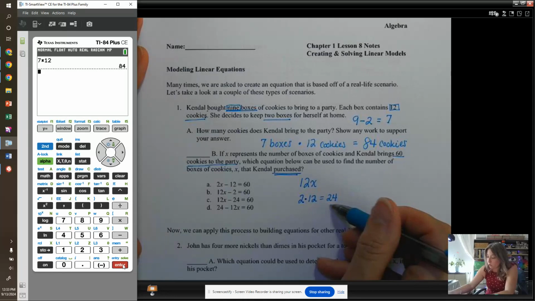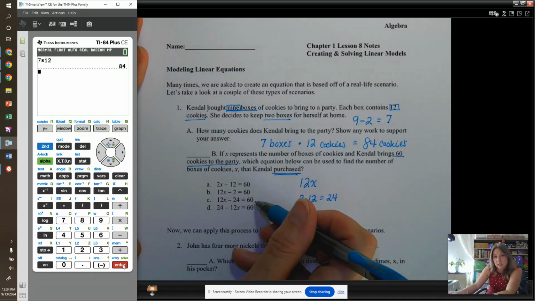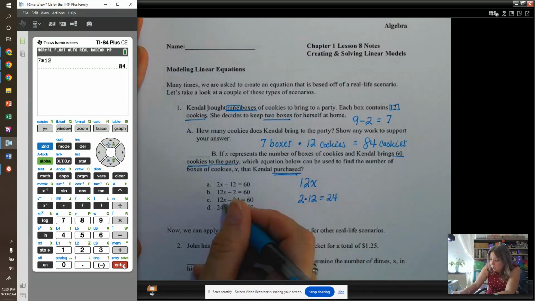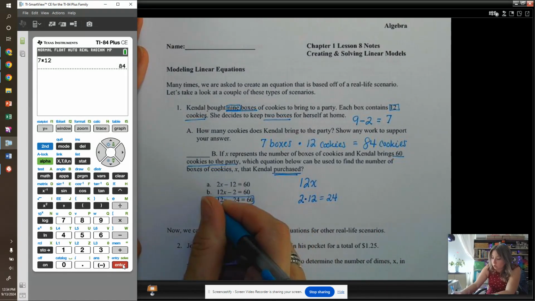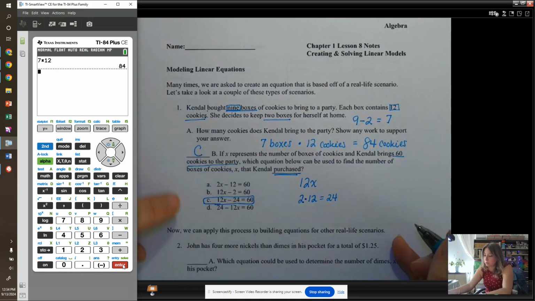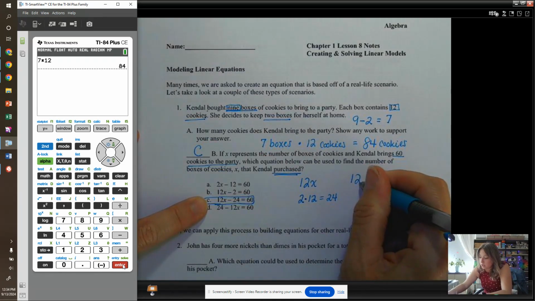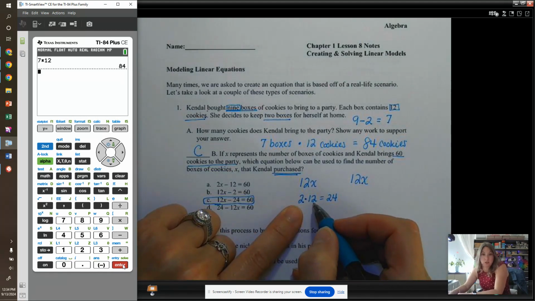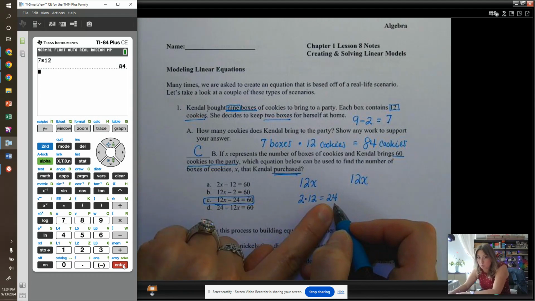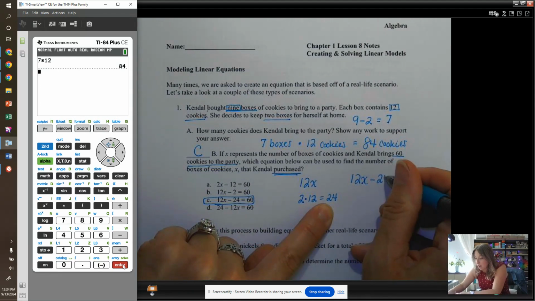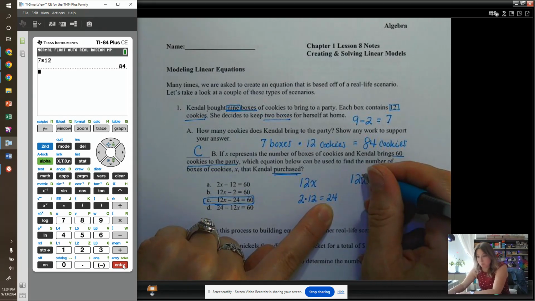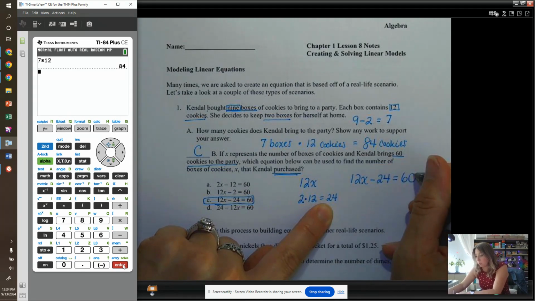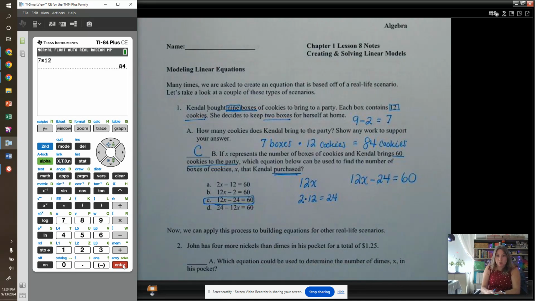So those 24 would have to be added back to the 60 in the first place, and here is your equation that describes that. You had 12 cookies times X number of boxes, and we know that 2 of those boxes containing 12 cookies each were left at home, so that would have to be subtracted from the number of boxes we had if we're bringing 60 cookies actually to the party.